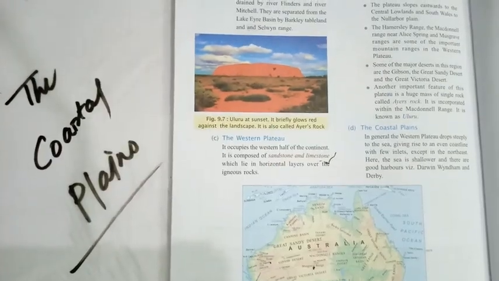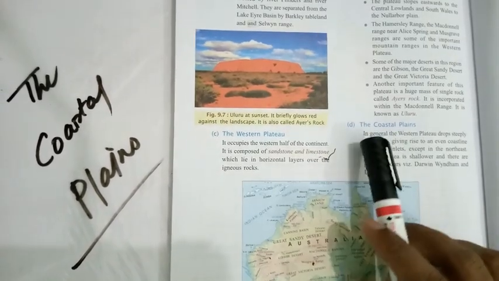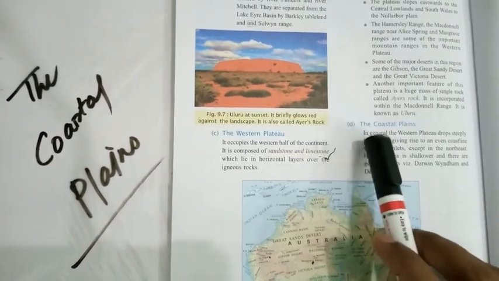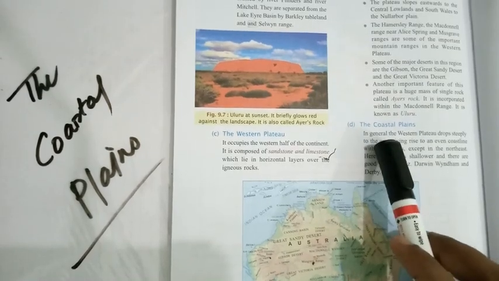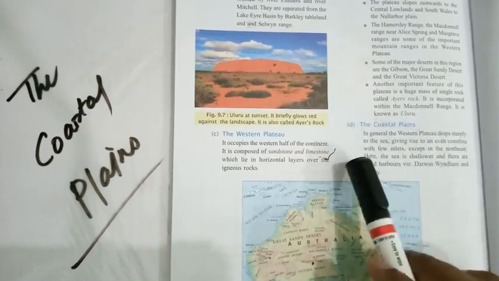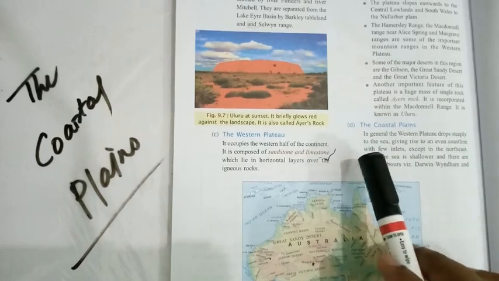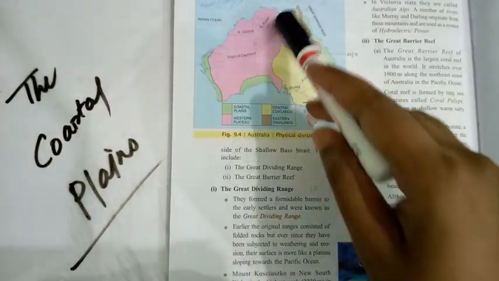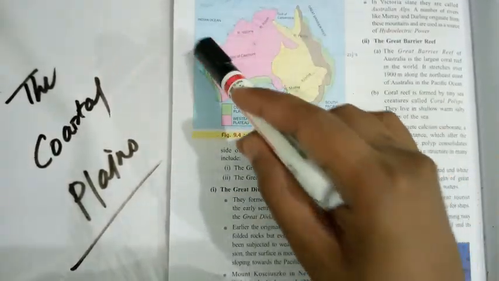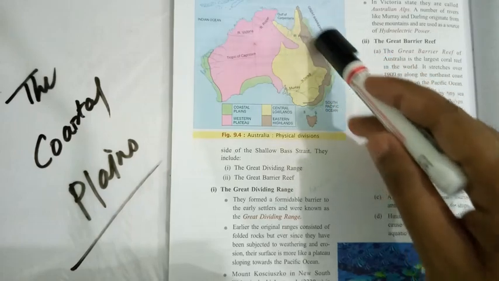We will read about the coastal plains. In general, the Western Plateau drops steeply to the sea, giving rise to an even coastline with a few inlets. Here you can see this is the Western Plateau and these are the areas of coastal plains.